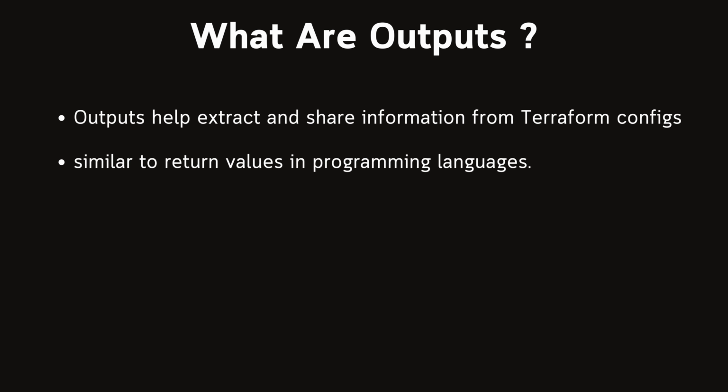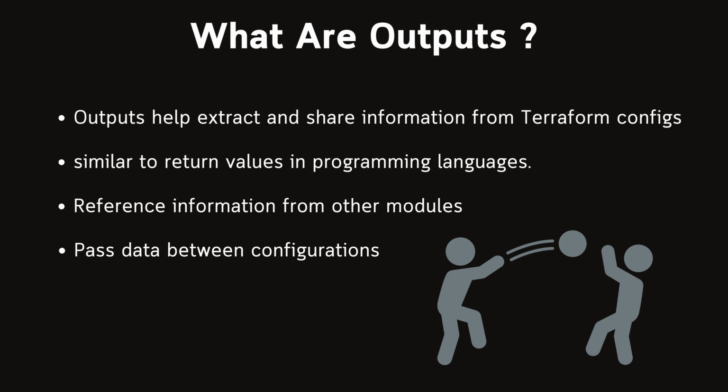Outputs are particularly useful for referencing information from other modules or passing data between two different configurations. For example, if you deploy an EC2 instance, you would output its public IP address so that you could use that IP address for SSH or for any other sort of automation you may have in place that would use the IP address.